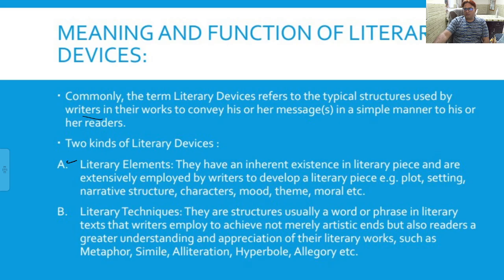Literary piece here means the literary work, and are extensively employed by writers to develop a literary piece, that is, a literary work, or the part of a literary work like plot, setting, narrative structures, characters, mood, theme, moral, etc.